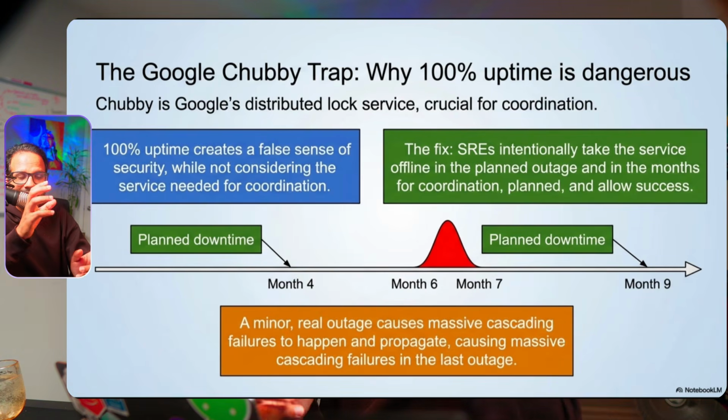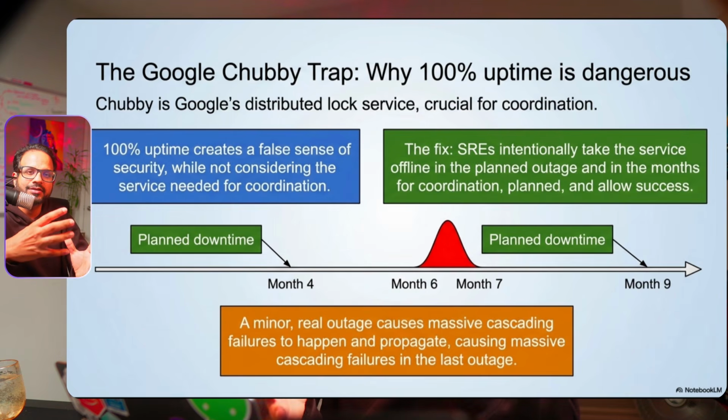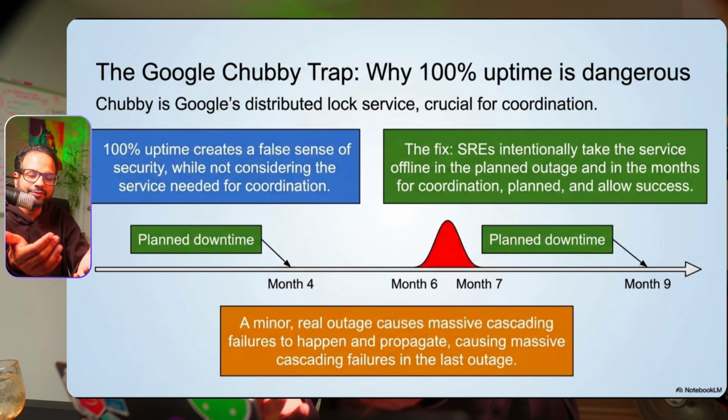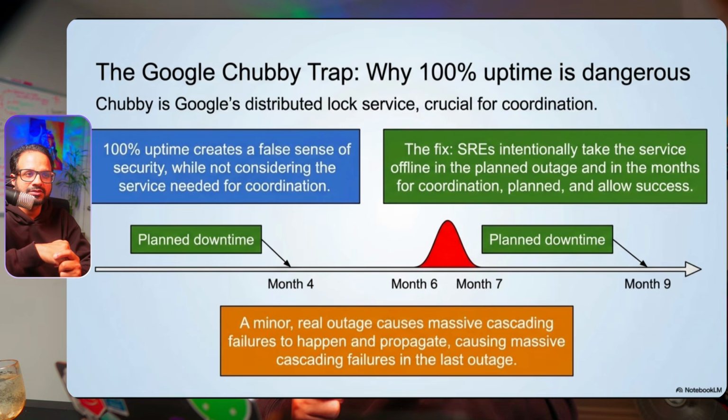And when a real outage occurs, it creates cascading failures. Other services dependent on that service might not be prepared for the fallback or for the recovery, because we have set the narrative of 100% uptime, right?